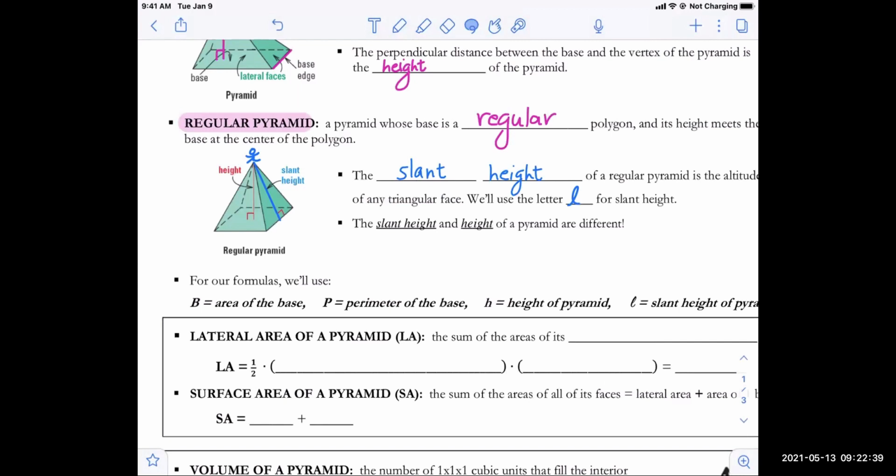This is a pyramid that has a triangular base. Here's a triangular pyramid. Here's another triangular pyramid. And then here's a cone. When you're looking at a pyramid, this right here is the slant height.